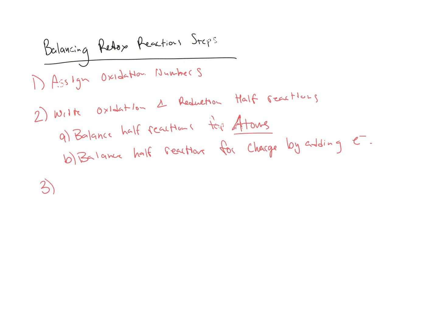Once we have those balanced half reactions, we make the electrons lost equal to the electrons gained by multiplying the whole reaction, the whole half reaction, I should say.